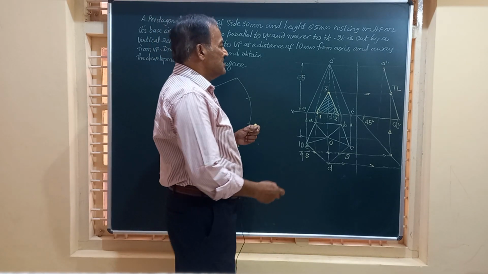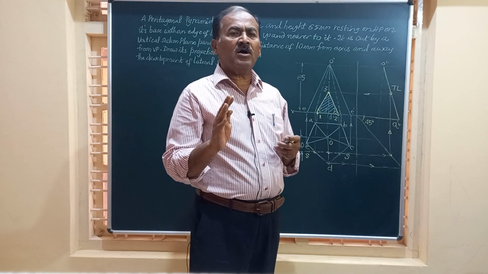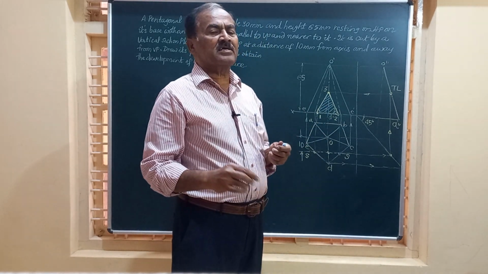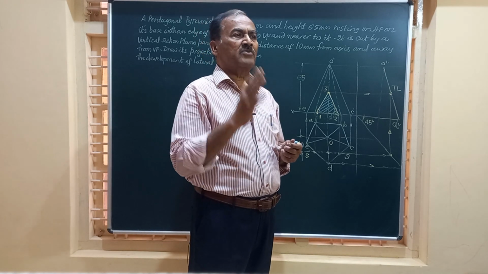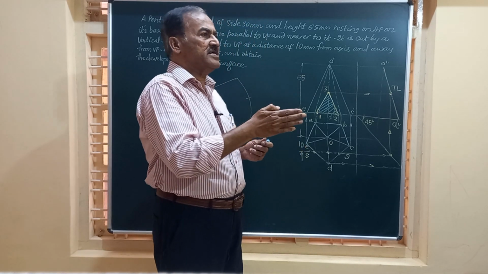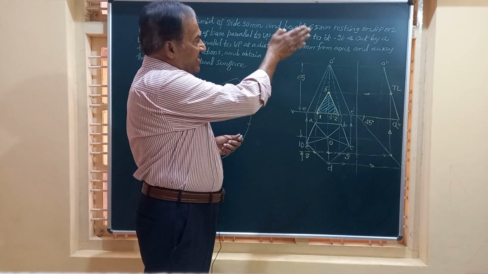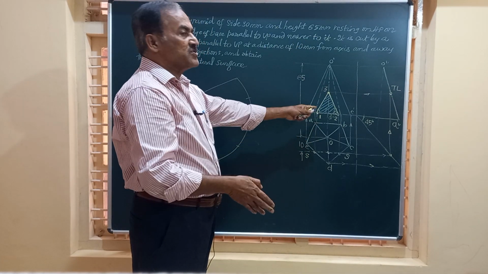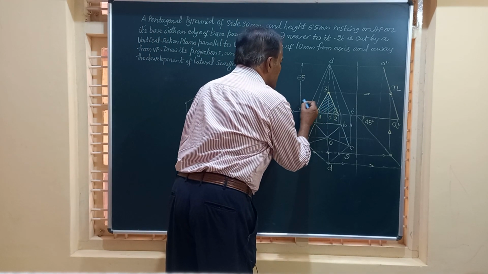And friends, this particular hatched area that we obtain here is the true shape of the section. Because remember, whenever a solid is being cut by a vertical section plane parallel to VP, the true shape you get is called the true shape. This is the true shape.